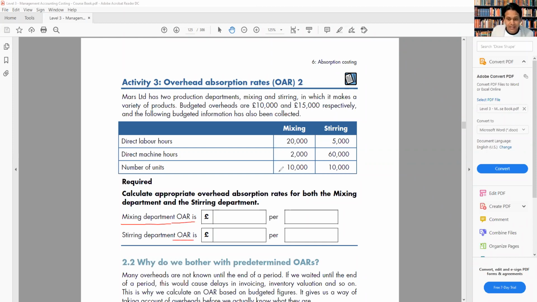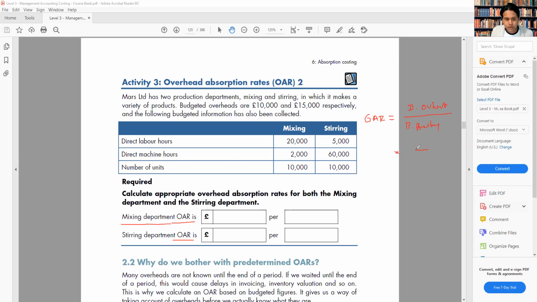So you can see here we have 10,000. The OAR is budgeted overhead over budgeted activity.